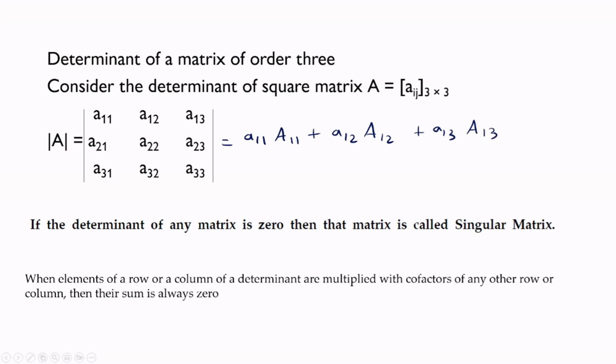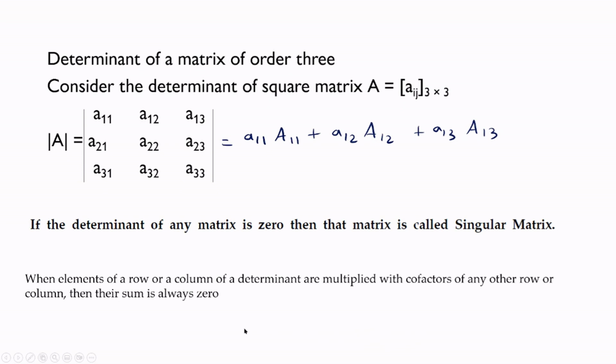So this is how we can find the value of the determinant of a square matrix of order 3. If the determinant of any matrix is 0, then that matrix is called a singular matrix.